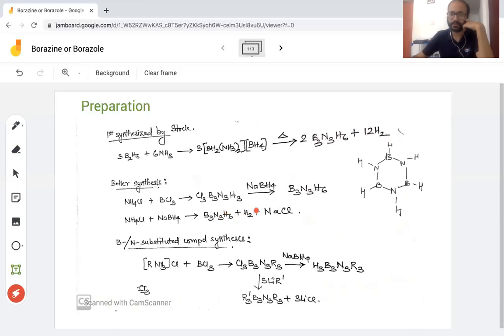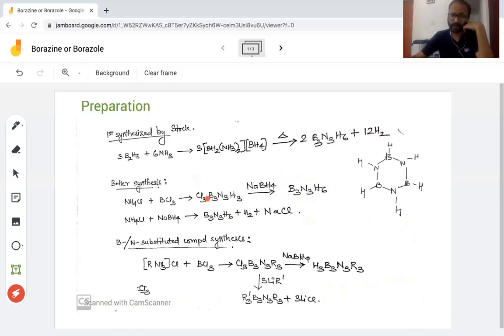Here, what do you see? The hydrogens attached to boron are replaced by chlorine. If you want to convert this into pure Borazine, you have to reduce it.